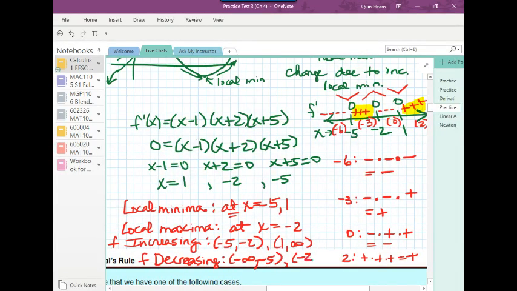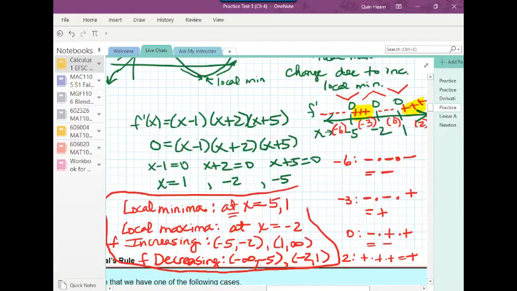We don't actually have the original function, so we can only say where the local minima occur, not actually how big or small they are. All right, and the local maximum occurs at only x equals -2.